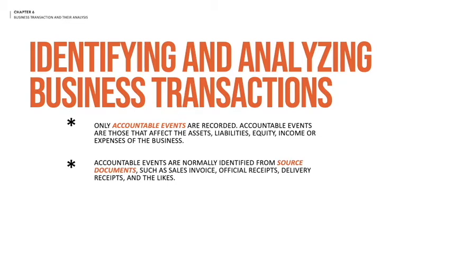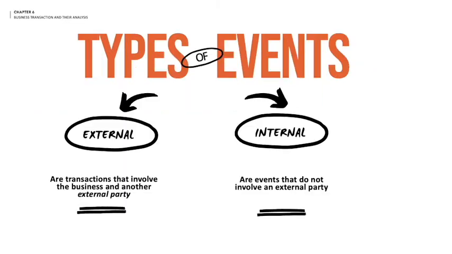So in accounting or in a business, there are two types of events. This is where we see what the business transactions are. For internal events, these events do not involve an external party.